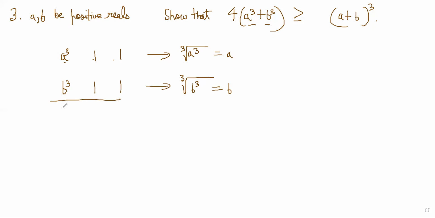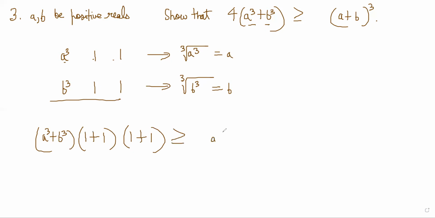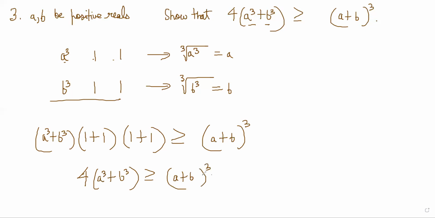So what I can do immediately is (a cube plus b cube) into (1 plus 1) into (1 plus 1) is greater than or equal to (a plus b) whole cube, right? So we simply directly prove 4 times (a cube plus b cube) is greater than or equal to (a plus b) whole cube. So again, think of the choice of our table. That is the most important thing here in Holder's. Once you decide the right elements to fit your table, after that it's straightforward, right?